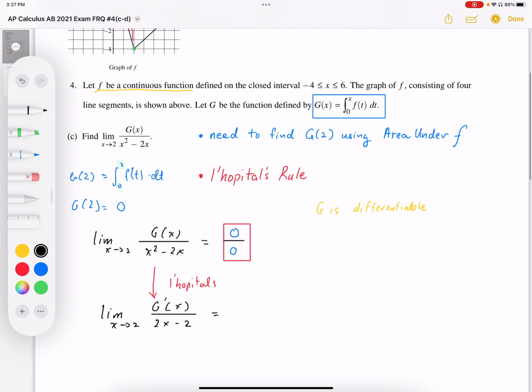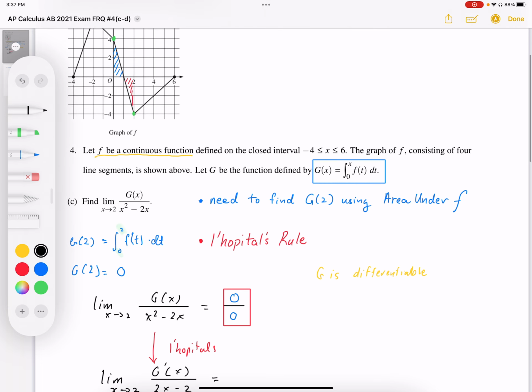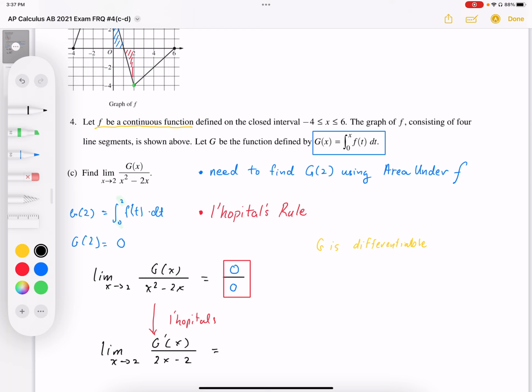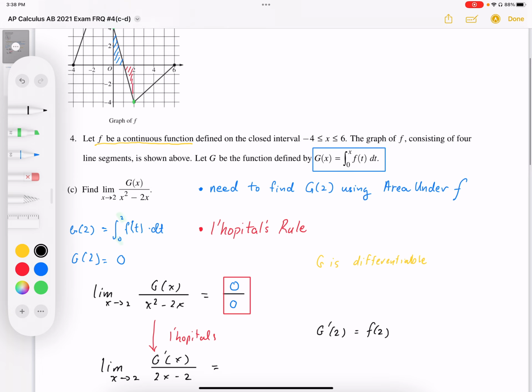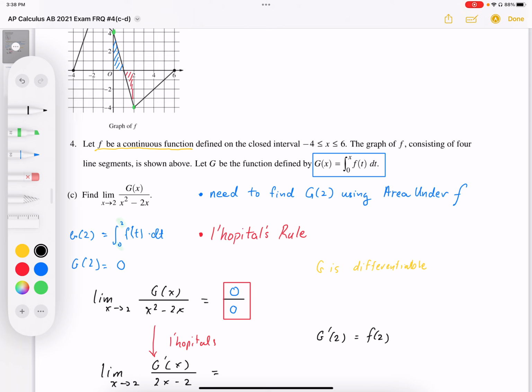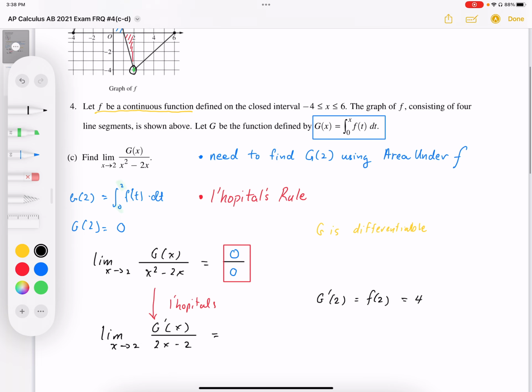So I need g prime of 2. So I'm going to go to my g prime. So that's the same as f of 2. And I'll write that down. g prime at 2 is equal to f at 2. When I take a look at f at 2, we get a value of 4. So this is equal to 4. Okay, so then that means that g prime at 2 is equal to 4.